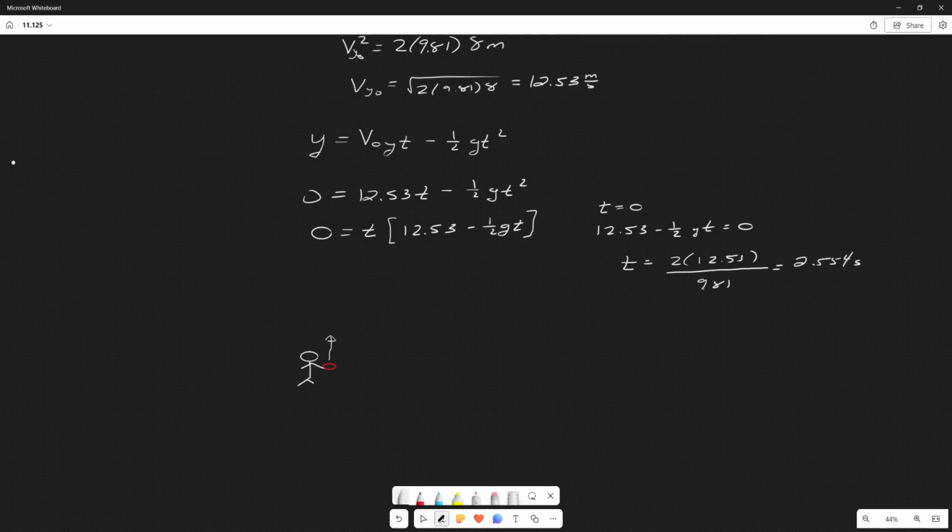However, from the perspective of a person on the shore watching this take place, so here is the deck, it appears that the ball is thrown like this, with one component vd, the velocity of the deck at that time, and another component, v0y, which you already found. That was 12.53.